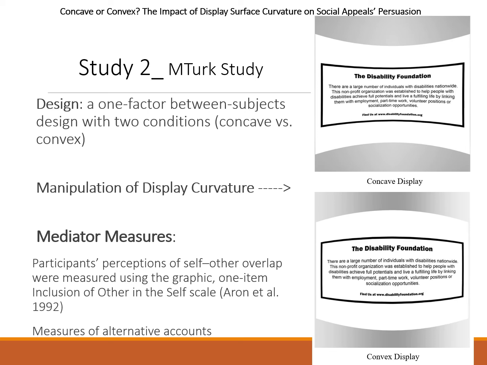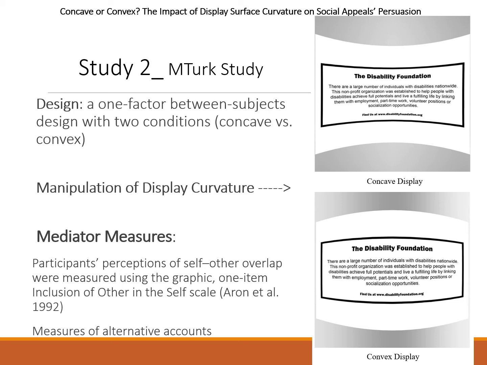The appeal and the wall featured a disability foundation with social appeals. This nonprofit organization was established to help people with disabilities achieve full potential and live a fulfilling life.